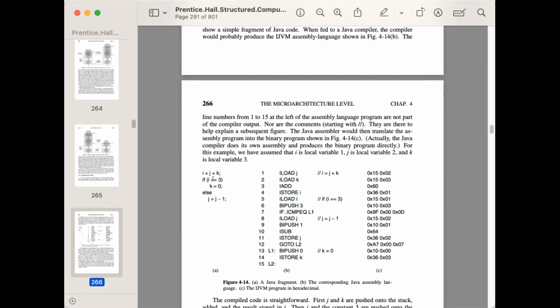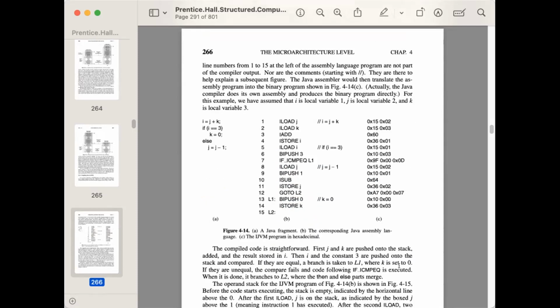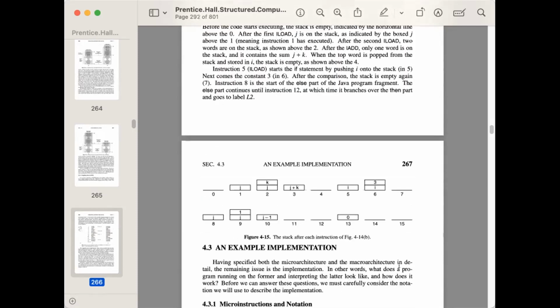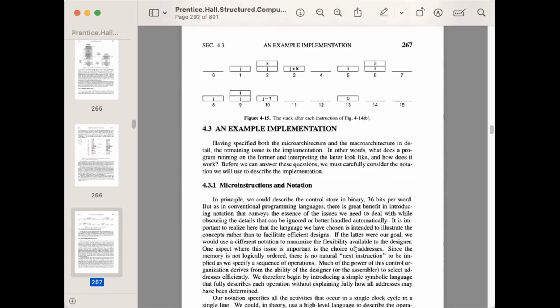You see that these few instructions lead to a lot more instructions here. Then the actual program itself will be in hexadecimal. This is what would run on the MIC1. So read through those examples and make sure that makes sense to you.